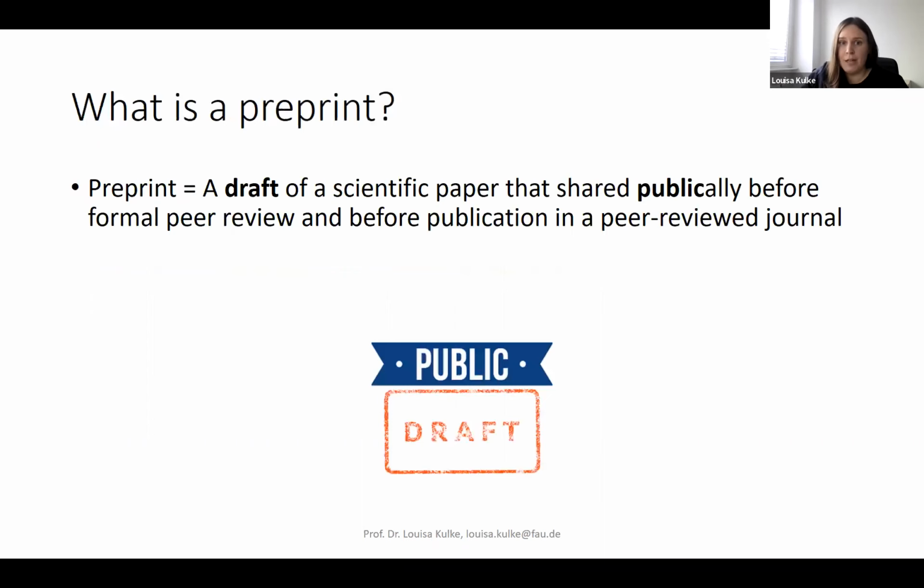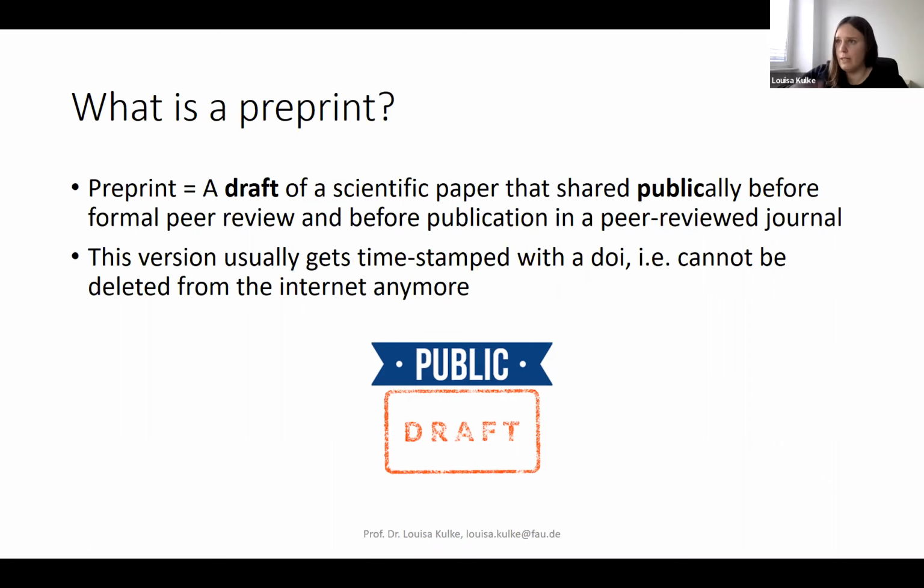What's that? A preprint is a draft of a scientific paper that can be shared publicly before formal peer review and before publication in a peer-reviewed journal. So that means you have written your paper. You might even have had 1 or 2 rounds of peer review already. And it's not published yet, but you upload the version that is already quite good.